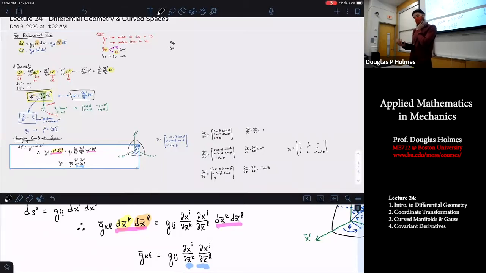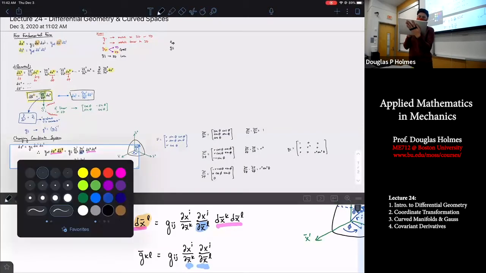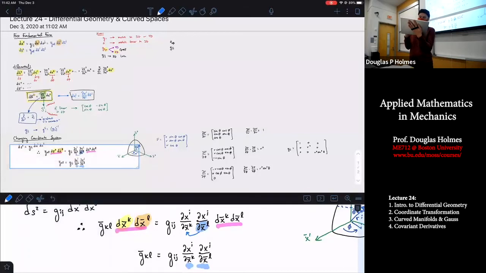So could you do dxi over dx bar L? And if not, how do you know that one corresponds to the other? Does that make sense? Yes. So you're saying, can you switch this with this? Yeah.